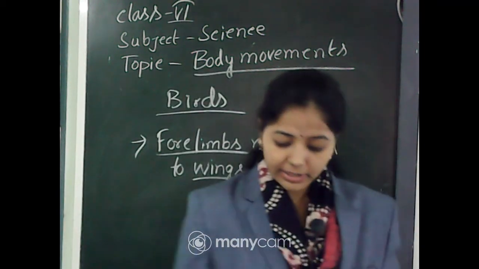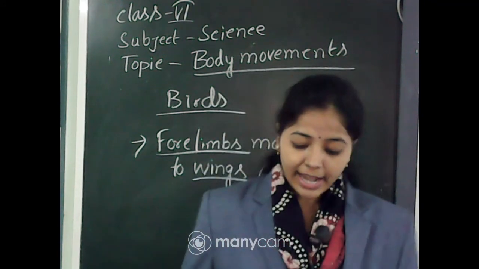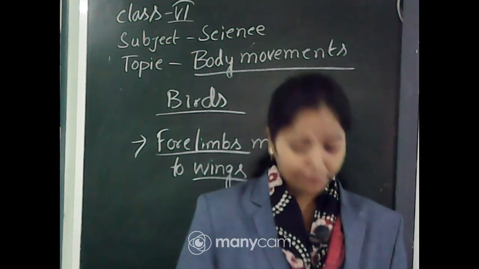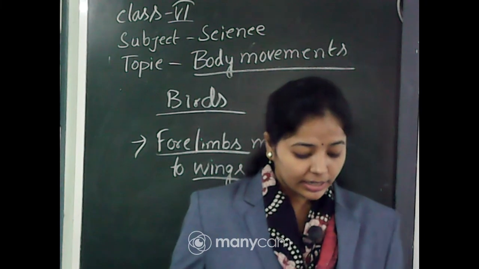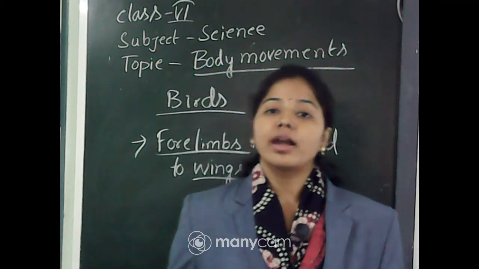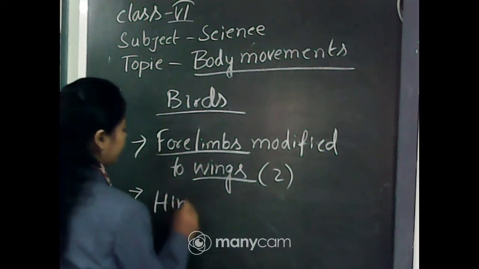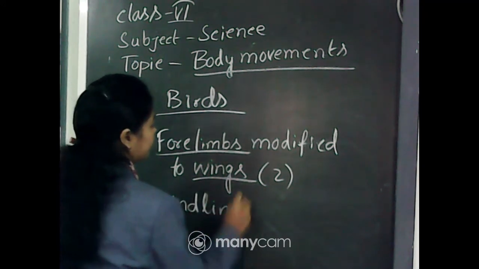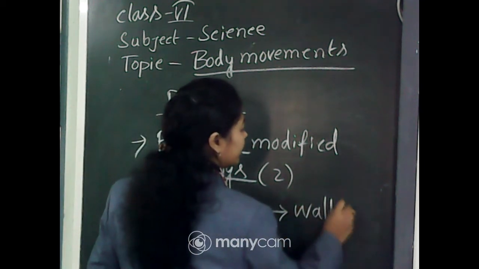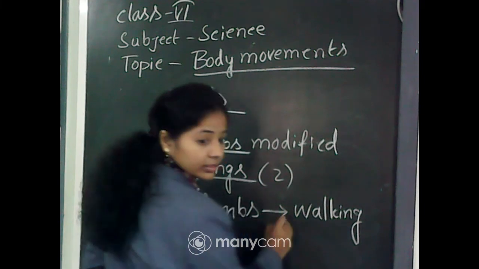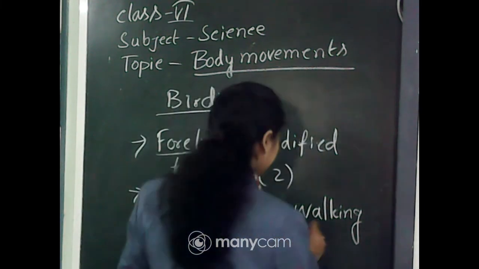And another thing, their hind limbs, meaning the legs. The legs help in walking and perching. The bones of the hind limbs are typical for mainly walking and perching. So here, hind limbs are for walking and perching.